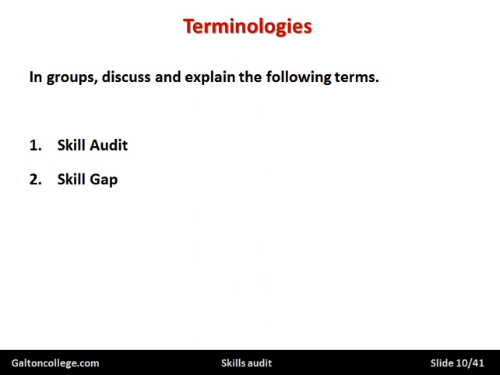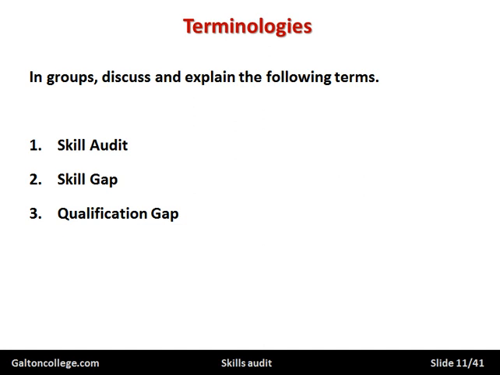So list out all the skills you think you've got which are good skills for the labour market, and then look at the type of career that you want and see where you're short. Look at the difference between the two. So the skills gap is what we're really trying to resolve here.